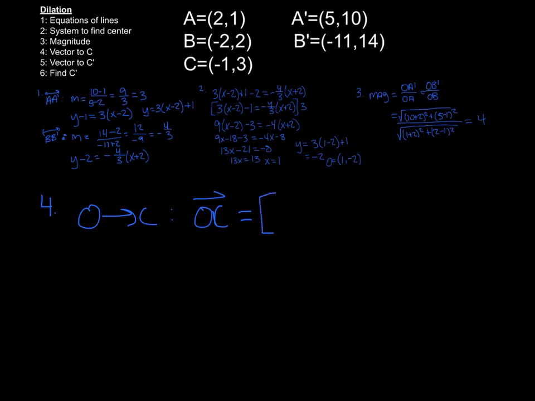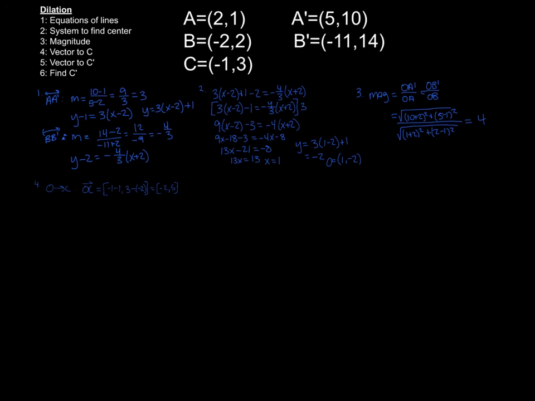So that's going to look like negative 1 minus 1, 3 minus a negative 2. So that's going to give us negative 2, comma, 5. And that's it for step 4. So let's shrink that down a little bit. We'll put it right here for step 4.